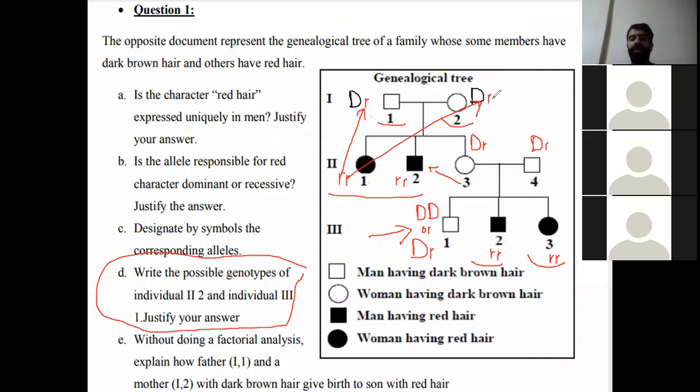Can you explain it to me? Without factorial analysis, pay attention to this. Whenever I ask a question to determine the genotype, you don't have to do factorial analysis. If it says determine the genotypes and I did factorial analysis to get the genotype without an explanation, it means your answer is not correct. Okay, Joel, your answer is?